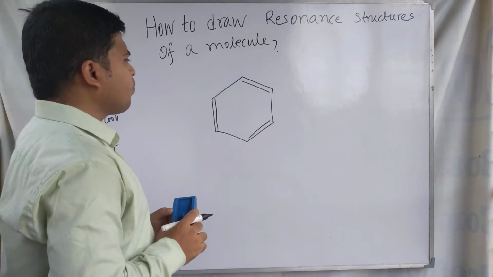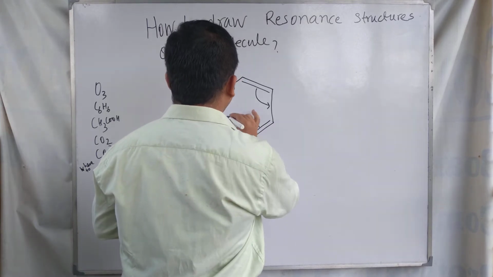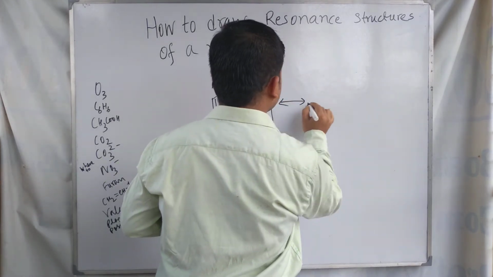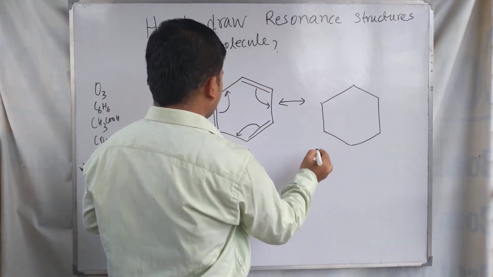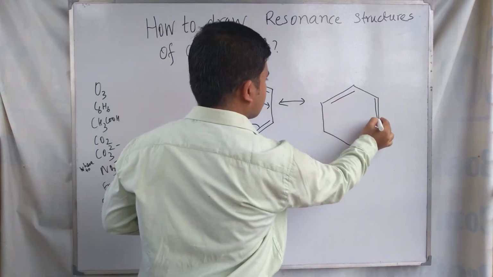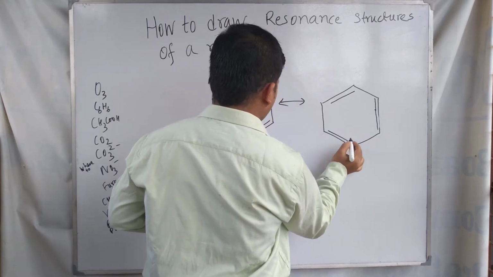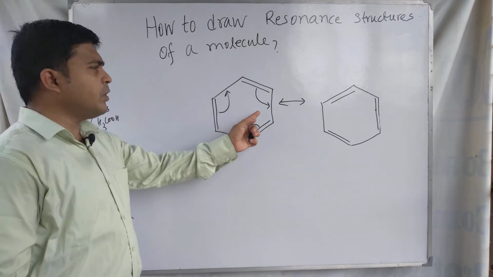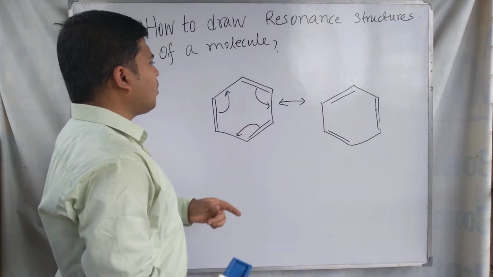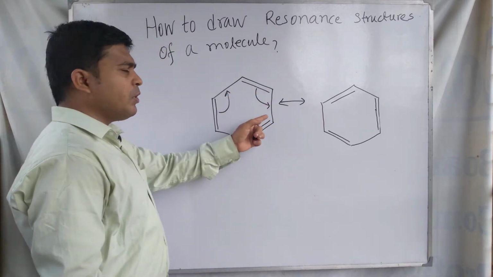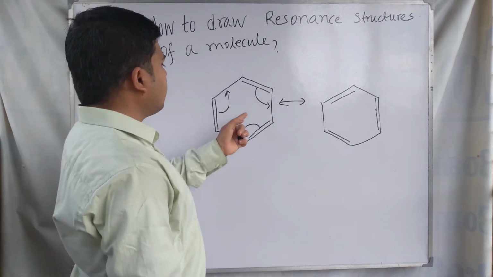For the benzene molecule, we can draw another structure for benzene, because the double bonds are present as conjugated double bonds, meaning one single bond, then one double bond, one single bond, then one double bond.